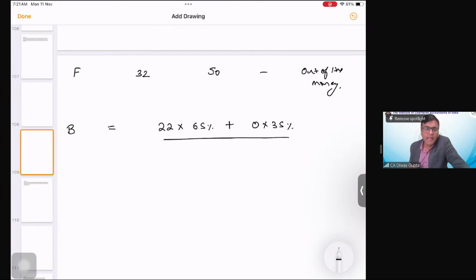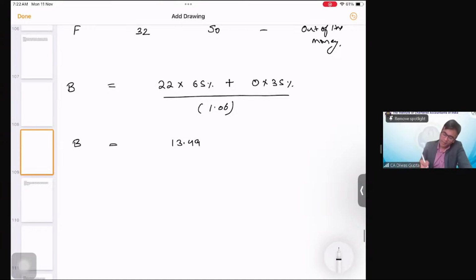And this is a value after the second year end. We have to calculate the value at the first year end. So we will be doing divided by 1.06 to make it at a present value level. So at B, the value becomes 13.49. Clear?